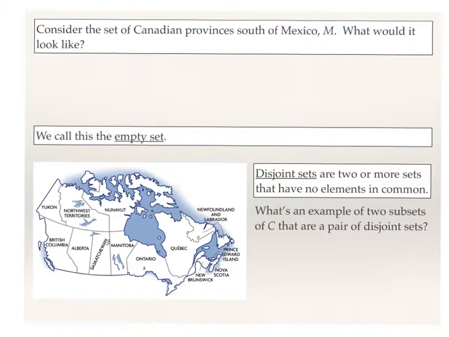Now, that's kind of a weird question. Consider the set of Canadian provinces south of Mexico. They want us to call it M. Can anyone think of one? Ontario, maybe?